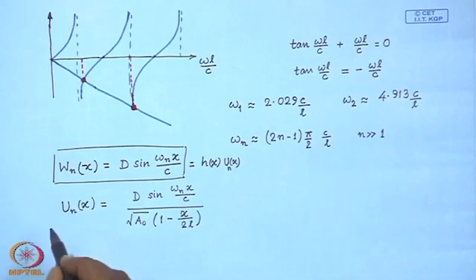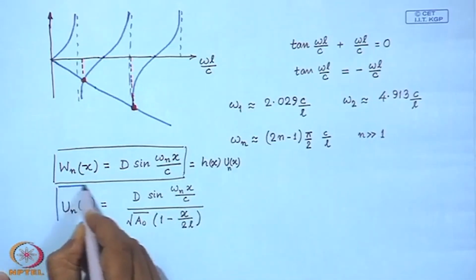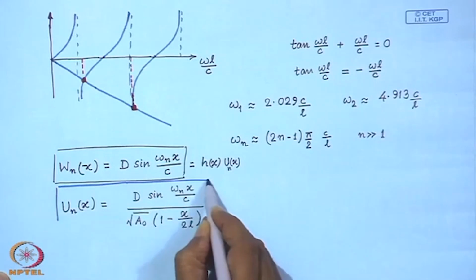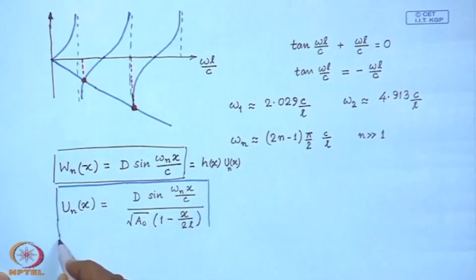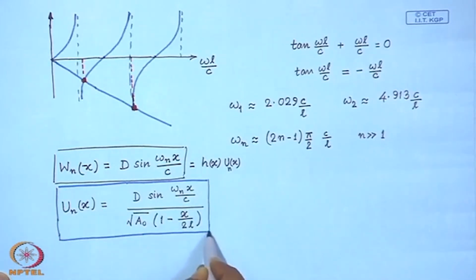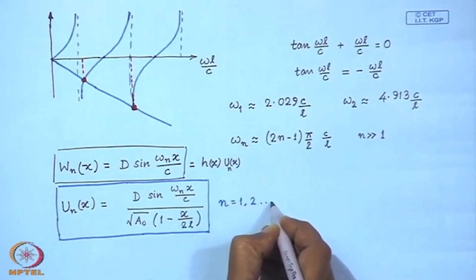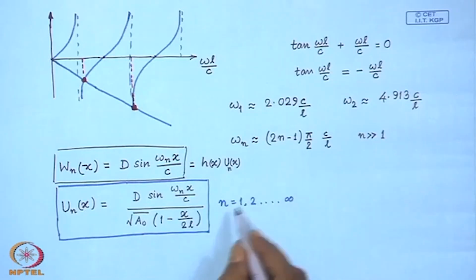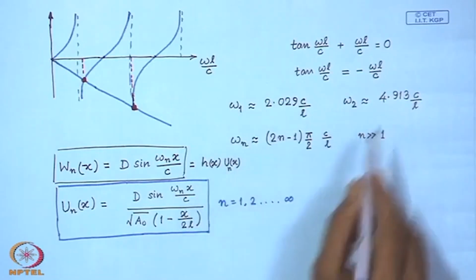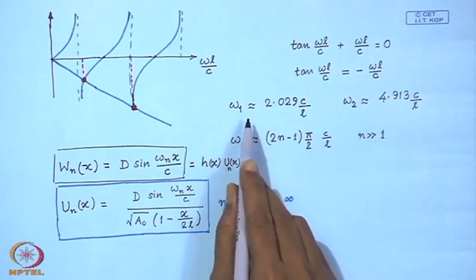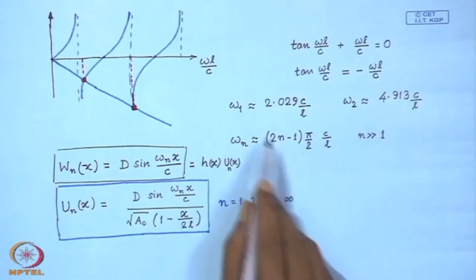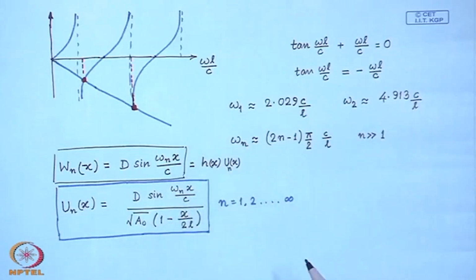So, for our original problem, the eigenfunctions turn out to be these, corresponding to the eigenvalues or the circular natural frequencies given here.